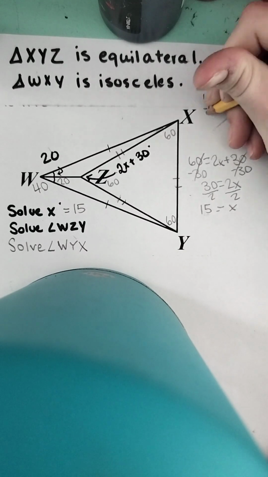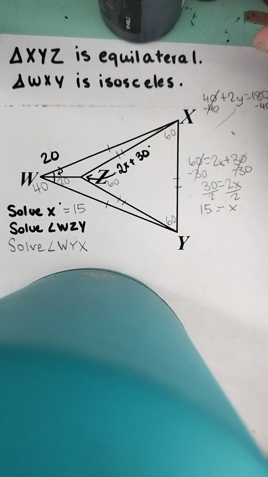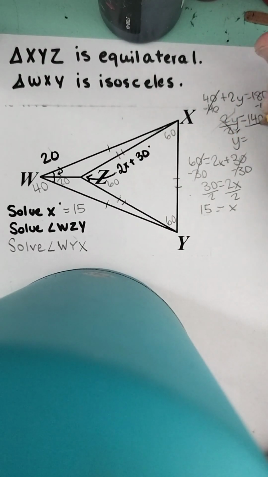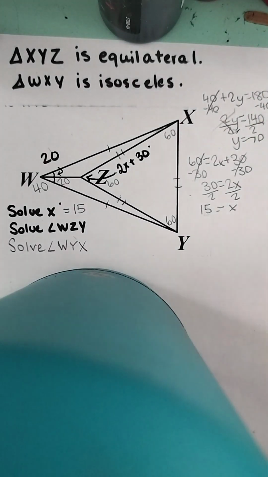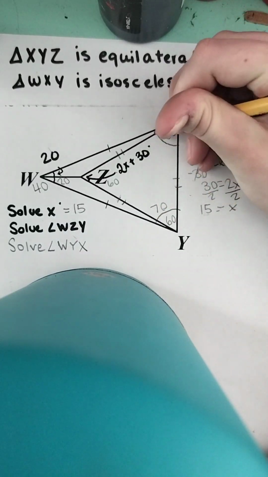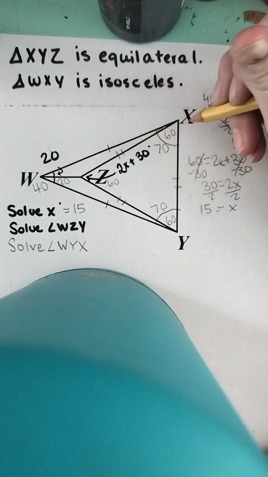So to solve for y, we subtract 40 from both sides to get 2y is equal to 140. Then we divide both sides by 2 to get 70. So now we know that the angle of y is 70 and the angle of x is 70.